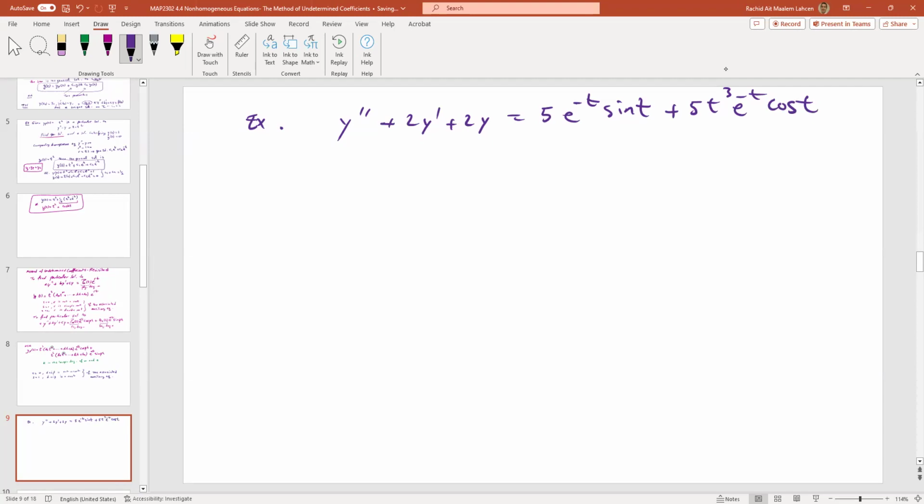All right, so the roots associated with r squared plus 2r plus 2 equals 0 are -1 plus minus i.